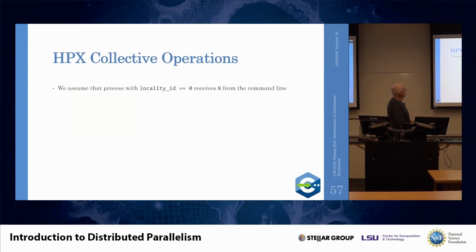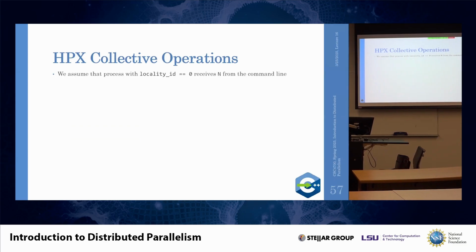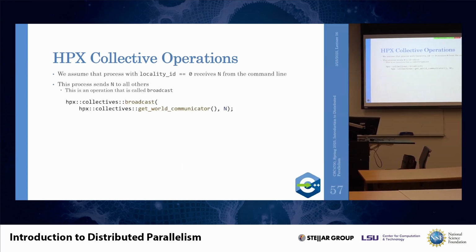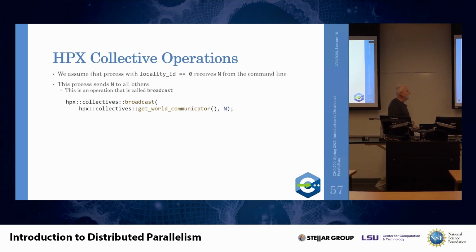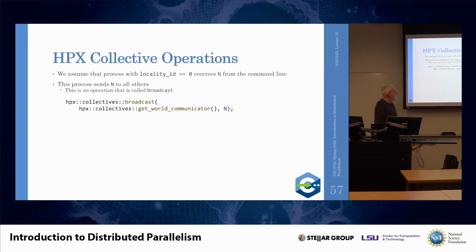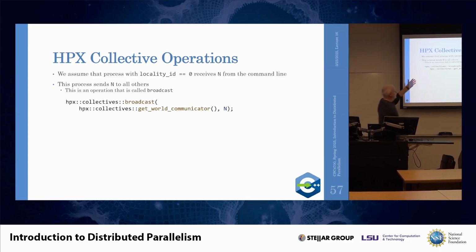Okay, collective operations. We assume that the process with locality ID 0 receives n from the command line. The process sends it to all others, and this operation is called broadcast. Well, broadcast for a reason, right? You're shouting, you're telling everybody what you want them to know. And in HPX, this is very simple.